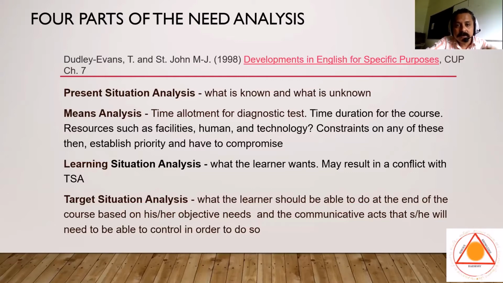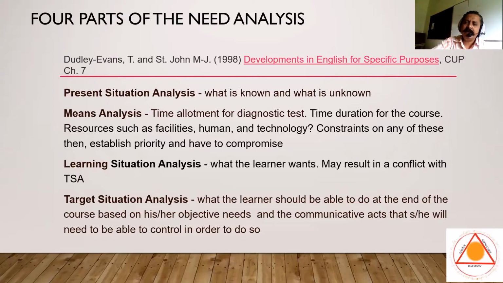So I know the adjectives, nouns, verbs, students know, but concord is an issue. So when I do that analysis, that is learning situation analysis, I will look where students would like to go from there. I know what is unknown, but then I have also to know where he intends to go.